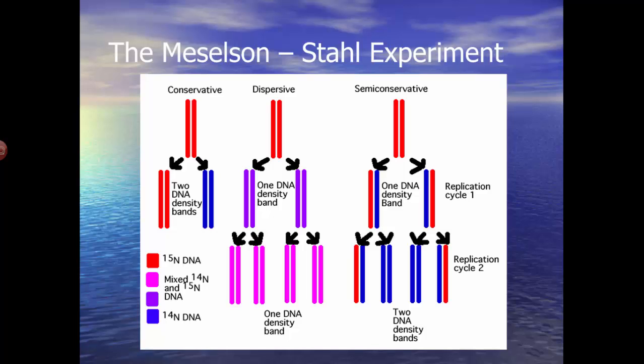In the semi-conservative method, each time we divide, half of our original molecule goes with a new half of a molecule. And so after two replication cycles, if you see it here, we've got a medium band and a light band. And that was exactly what was seen in the results. So looking at the results of the density shift shows us or proves that semi-conservative is the way to go.